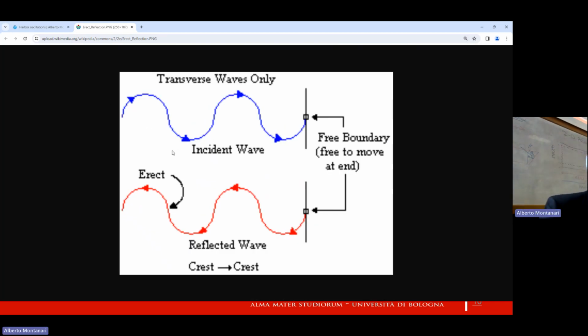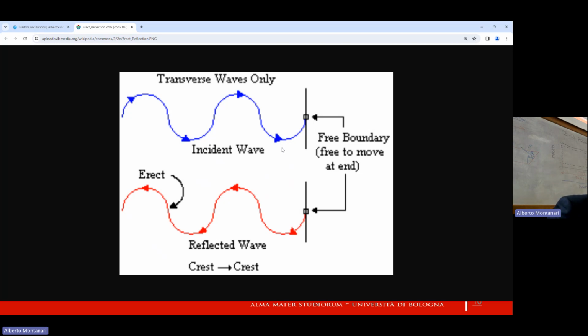Okay, so this is our wave, the incident wave. Then it gets into the head, and then this is the reflected wave. Same phase means that the composition of the two waves results in crest to crest, through to through.